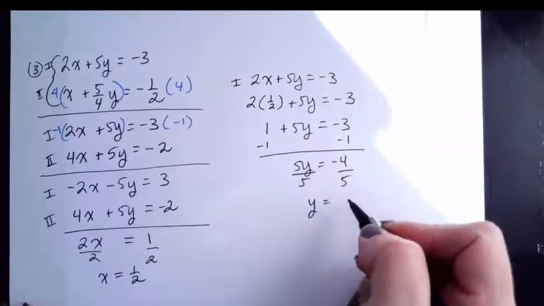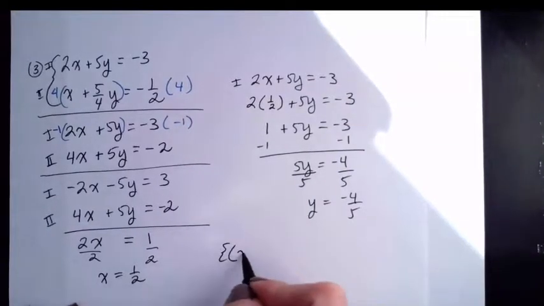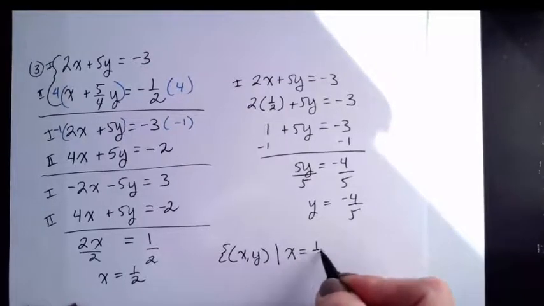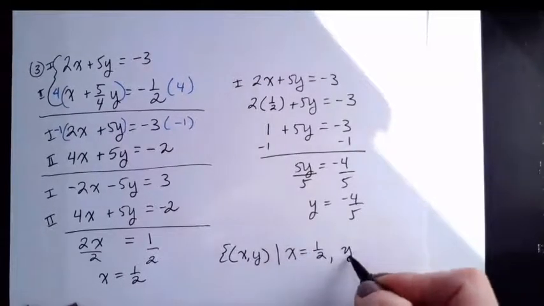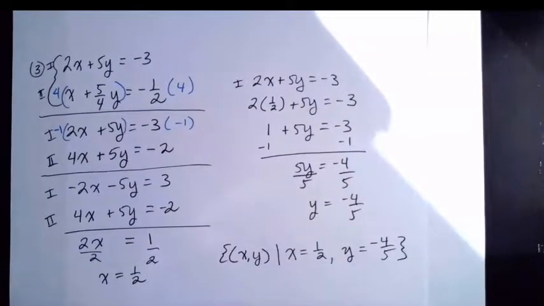I have y equals -4/5. So this ordered pair has fractions for the x and for the y coordinates. So this would be an example of why I don't want to have to graph, because finding that point and identifying the coordinates would be a little difficult if I were graphing by hand.